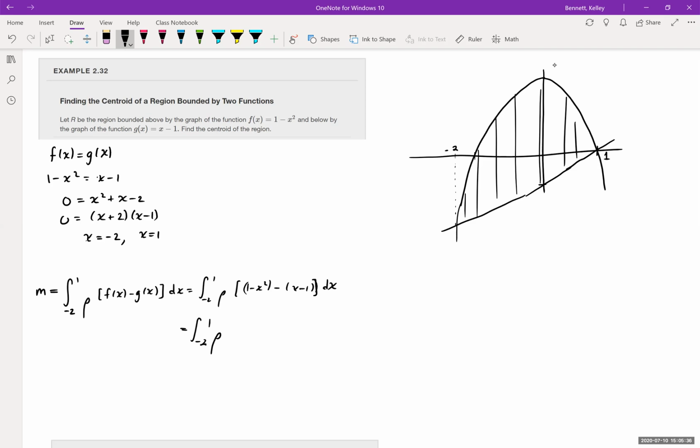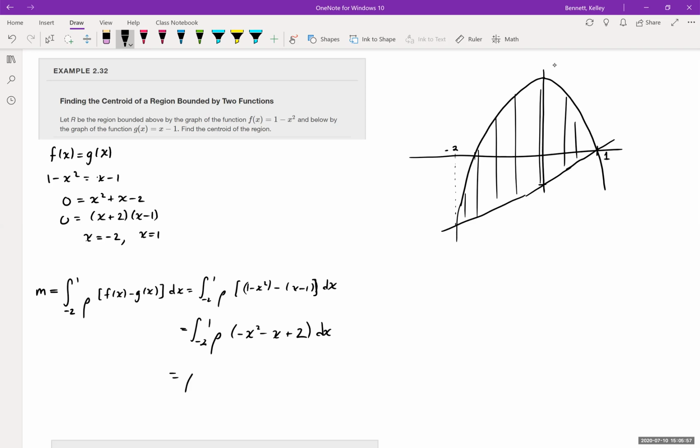So if I simplify my integrand, I will get negative x squared minus x plus 2 dx.